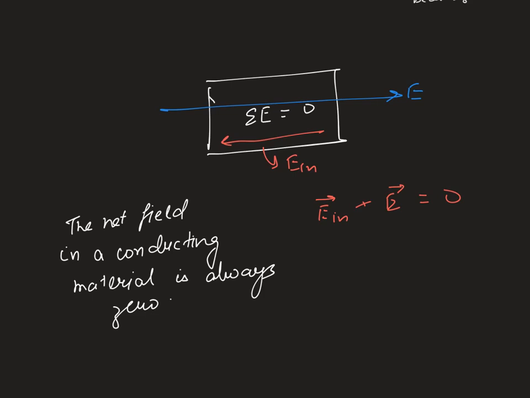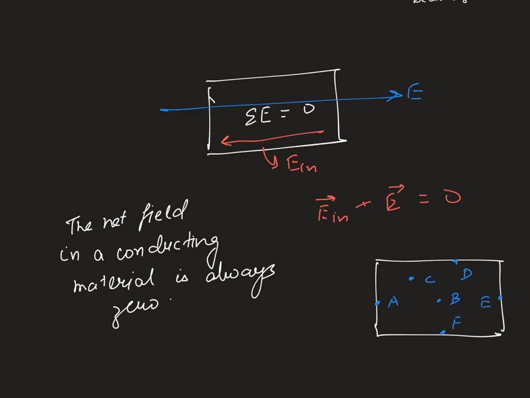Now, coming back to the conductor, if the net field here is 0, there is no field at all, we can say very simply the following. Let's say there is a point A here, a point B here, a point C here, a point D here, a point E here, and a point F here.